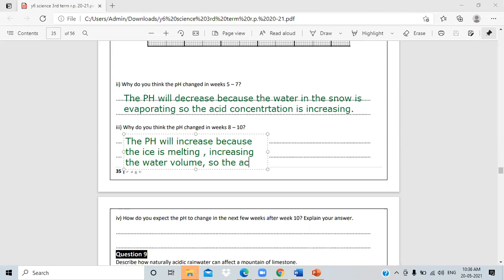So the acid is getting diluted. Between brackets, acid concentration decreases.